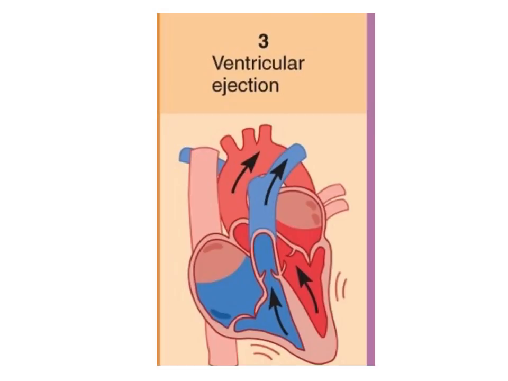Now, the volume of blood actually ejected into the pulmonary trunk and into the aorta is called the stroke volume. So the amount that you actually eject is called stroke volume. And it's usually about 54% of the end diastolic volume. So it's roughly about 70 milliliters. So during ventricular ejection, you're taking 70 milliliters from your ventricles and shoving it up through the semilunar valves and into the vessels.